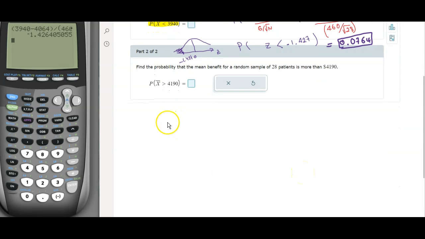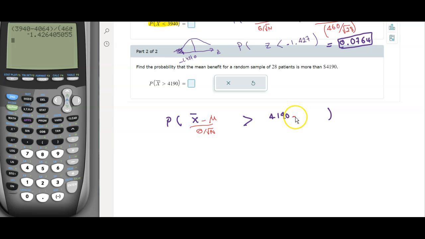So for the second part, I'm going to do exactly the same thing. Let me try to do it really quick. This is the probability of x bar greater than 4190. So again, I'm going to do minus the mean here, divide by sigma, divide by radical n.